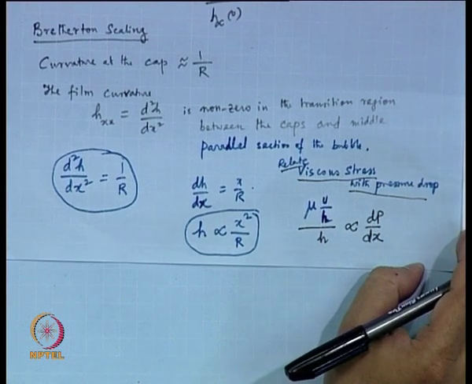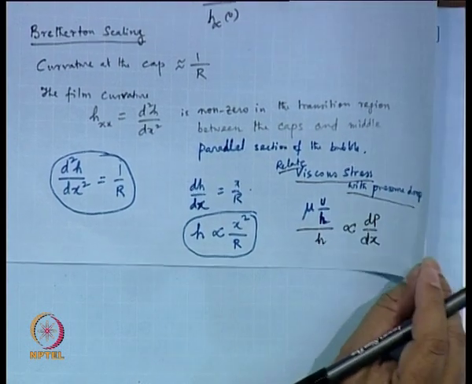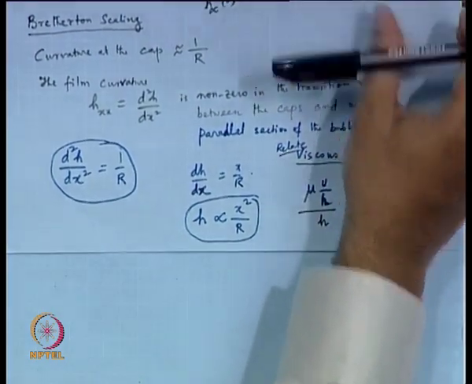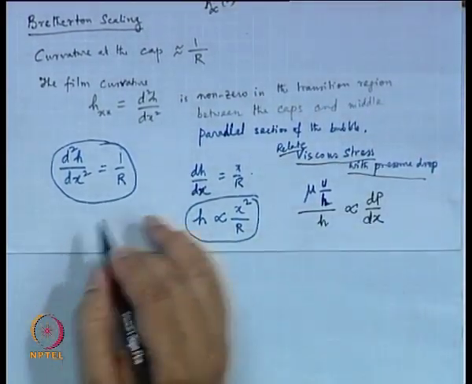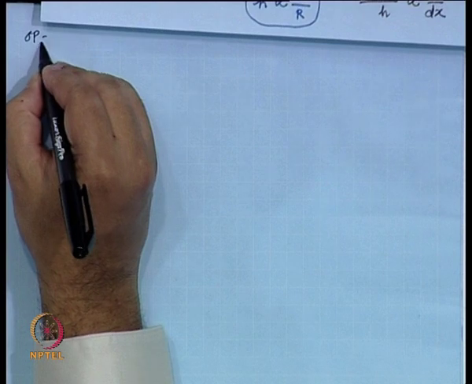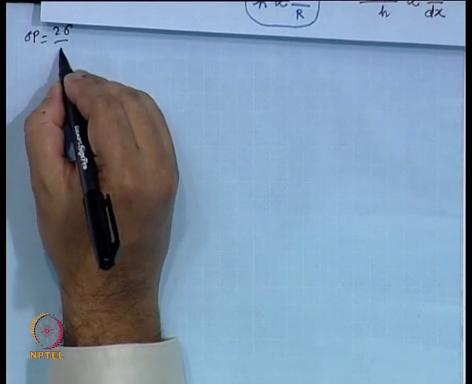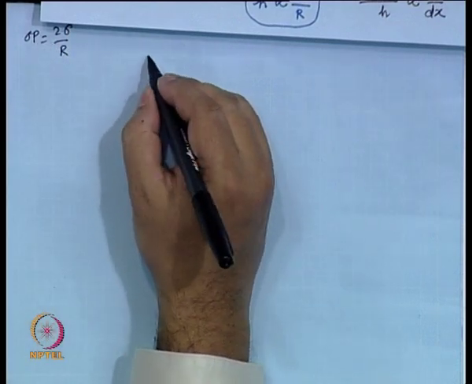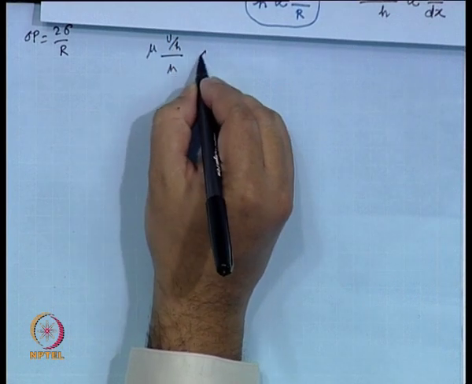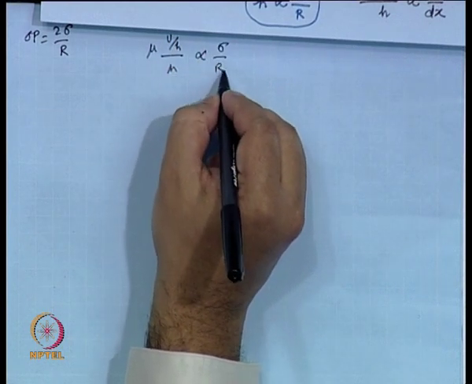You know that this delta p is equal to 2 sigma by r. So, from this you can conclude that mu u by h divided by h is proportional to sigma by r x.